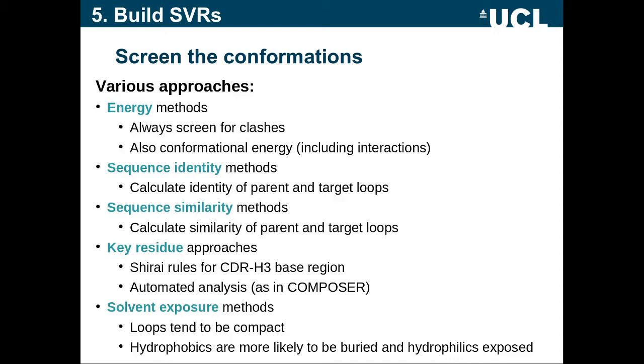So we would screen those out. But also we might look at the conformational energy, including the interactions that the loop would make with its surroundings. We can do sequence identity methods, so we can calculate the identity of the parent and the target loops. We can use sequence similarity methods, where we do the same sort of thing, but we use some sort of scoring matrix for amino acid similarity.